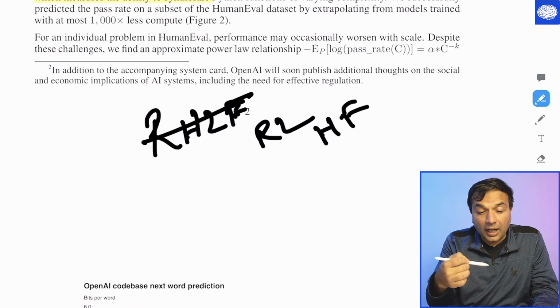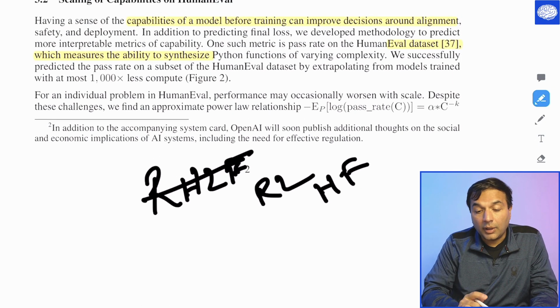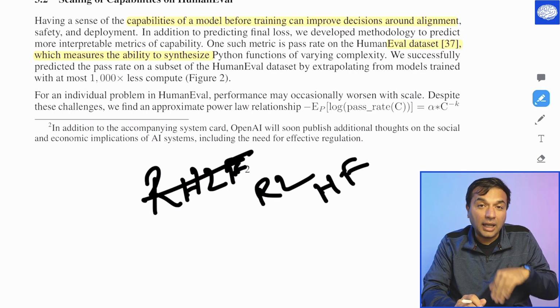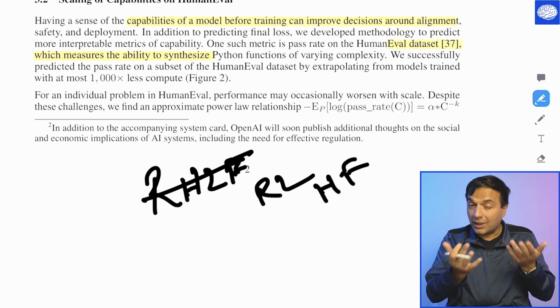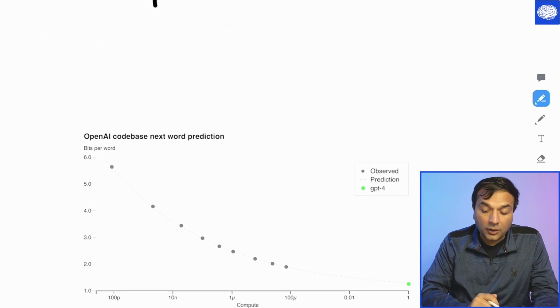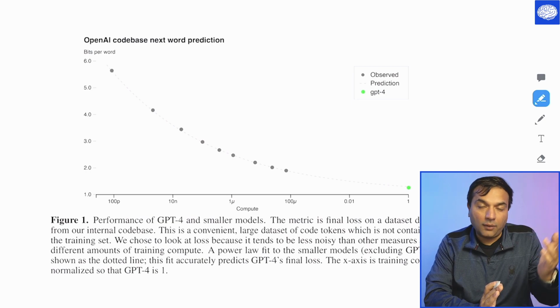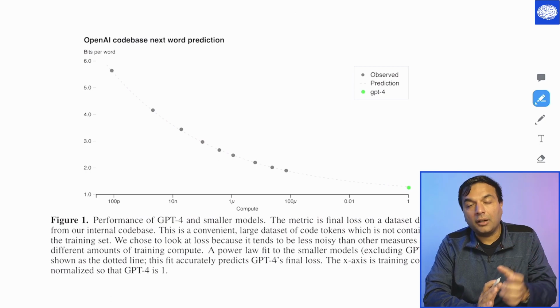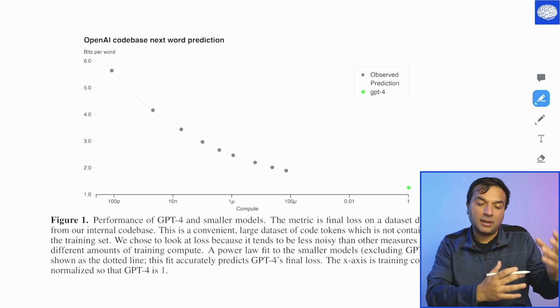They made sure of the scaling of capabilities on human evaluation. This is one of the major data sets they concentrated on, because they wanted to make sure. They have a human evaluation data set, and they paid for it. That is one of the strengths of OpenAI and GPT-4, because they paid thousands of human beings to rate the responses, and when the human evaluation came back, that's why the responses are much better.